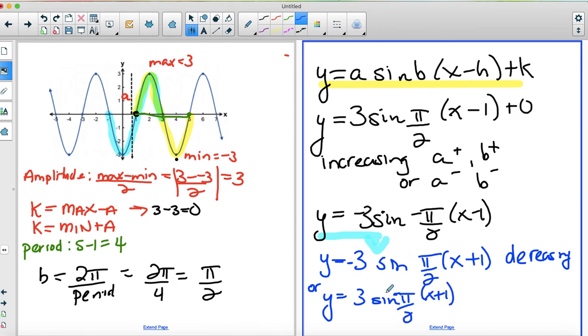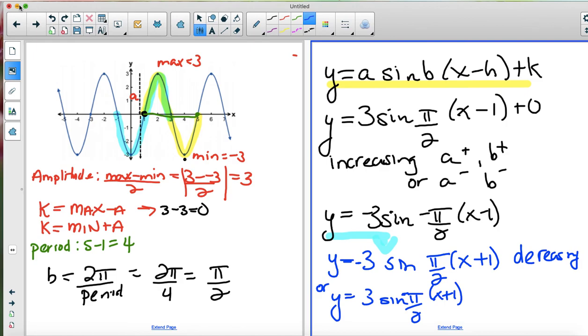So you have two versions. Technically you could write many different versions of the rule, and they're all valid. Hopefully that helps, and now you can practice coming up with a rule when you're given the graph. When we're doing problems, we're going to have to interpret where the h and the k is. And we'll see that next.